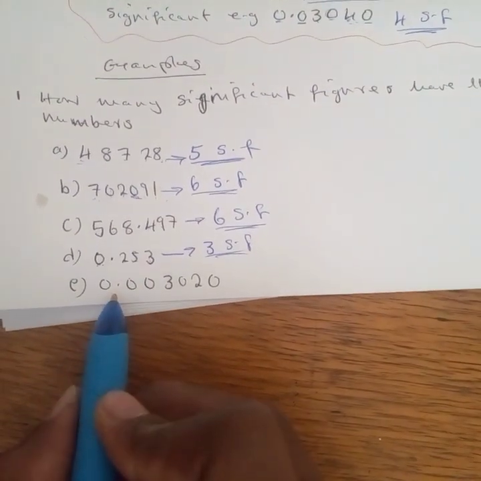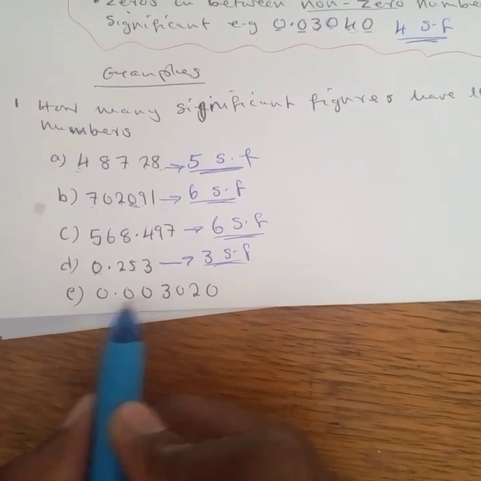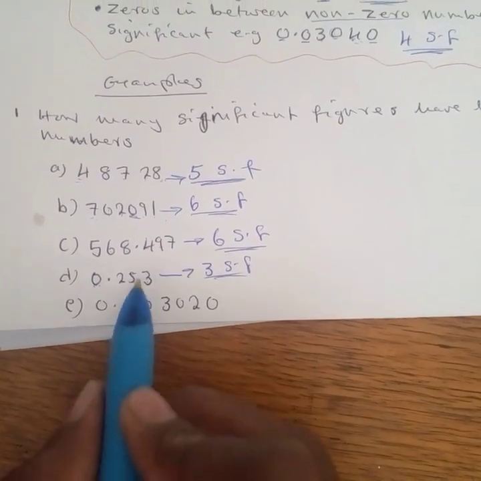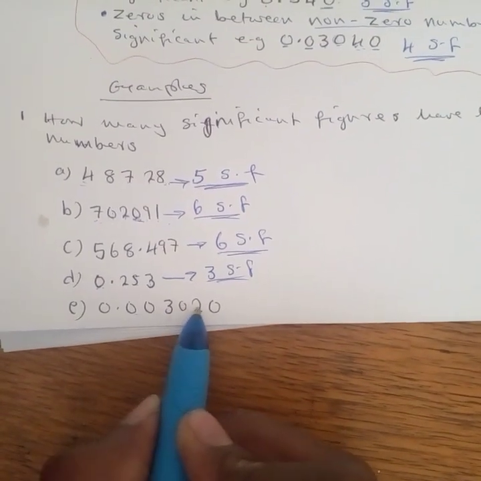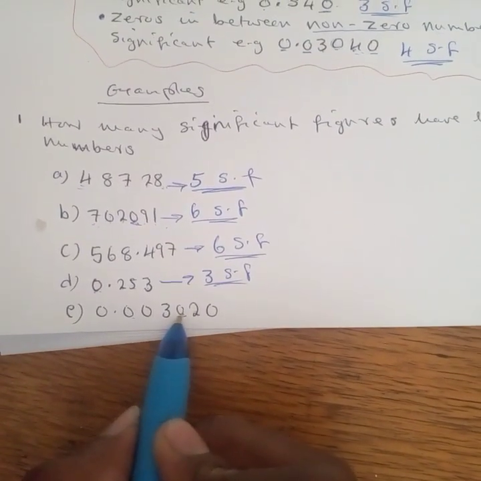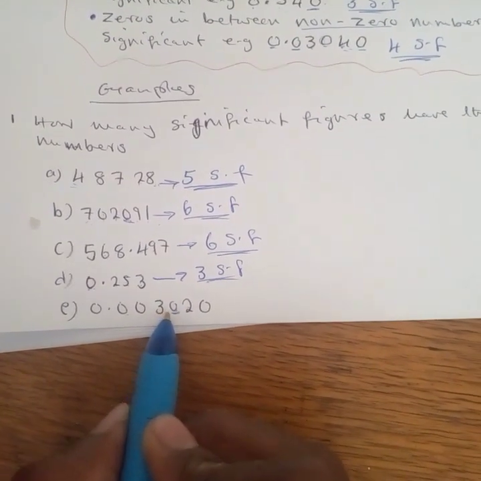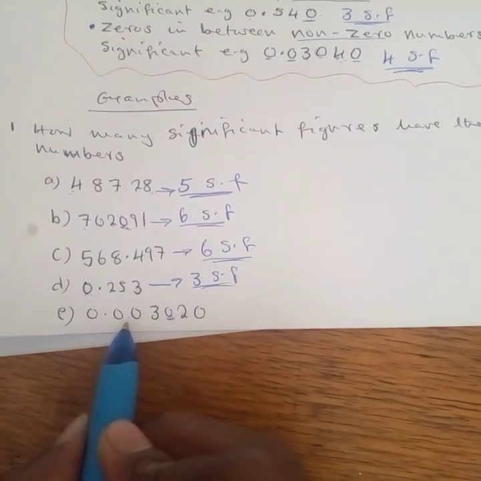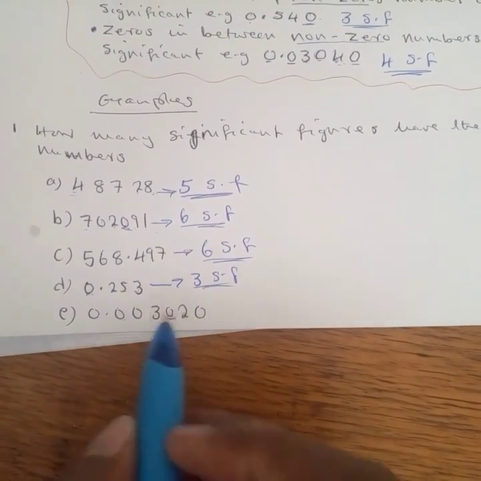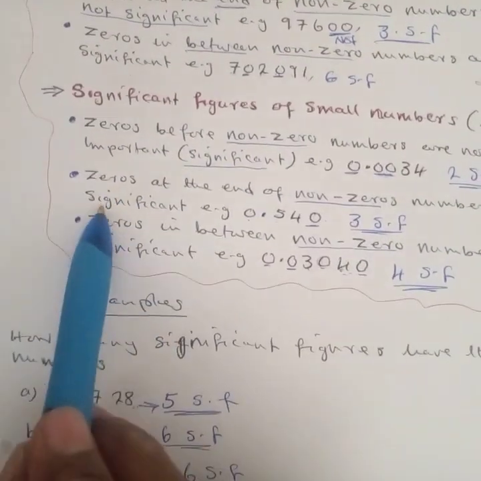Okay. What about this one? This one, you need to be extra careful and apply about 2 concepts. Zeros in between non-zero digits are significant. So this one is significant. And zeros at the end of a decimal are significant. So which is this statement here?